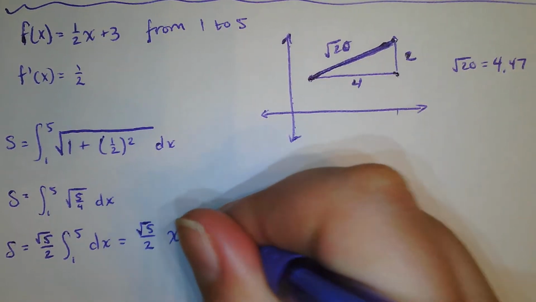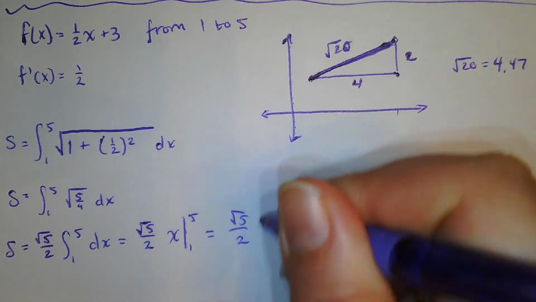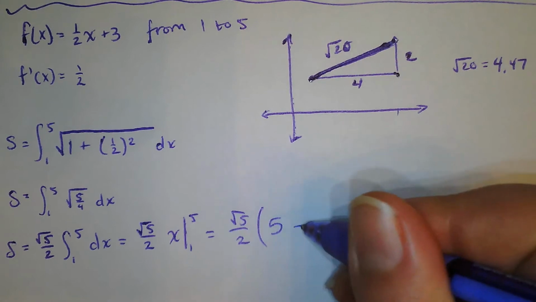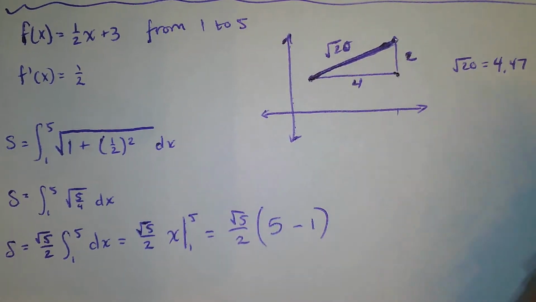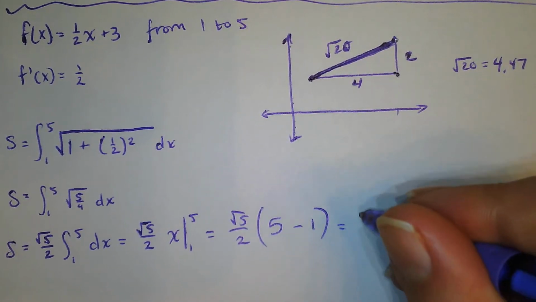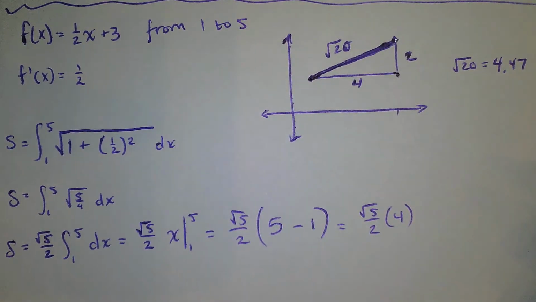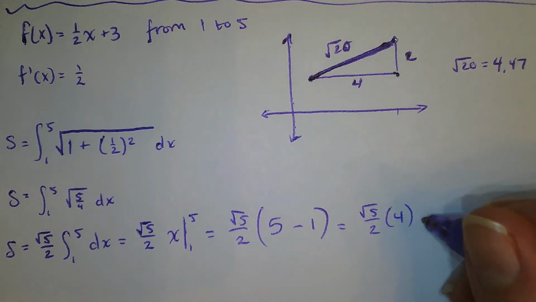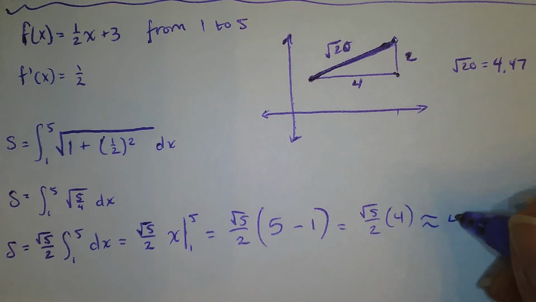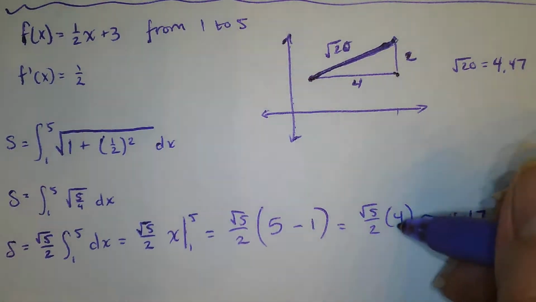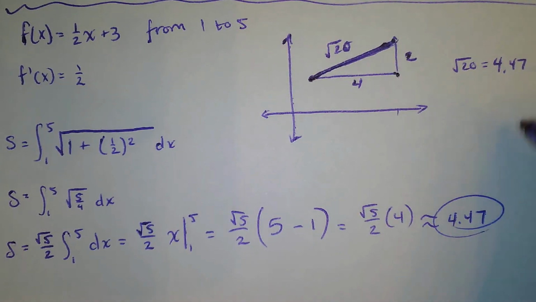We plug in 5 for x, plug in 1 for x, and subtract them. This gives us square root of 5 over 2 times 4. If you do the math there, guess what you'll get? 4.47. And if you simplify this, you could also get it to equal the square root of 20.